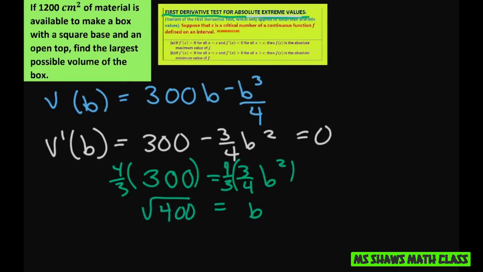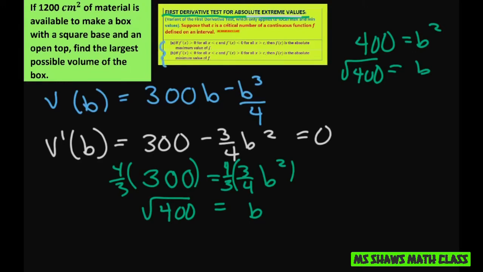And remember, it has to be positive, because we're talking about positive lengths. So basically, we'd have 400 equals B squared. Therefore, B equals square root of 400, which is 20. Now, let's look at our test here that we're doing.